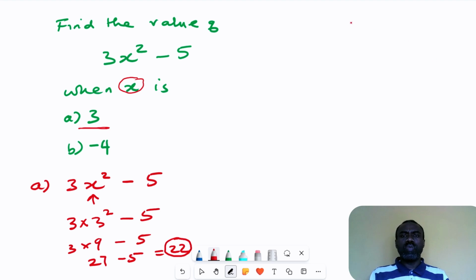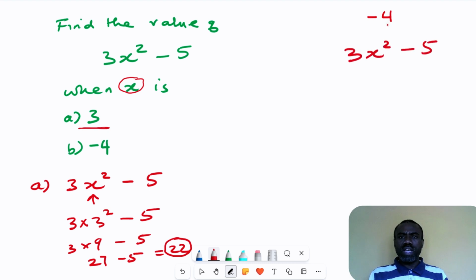How about when s is negative 4? This is where we encourage students to introduce brackets to help sort out the various parts of the expression so that we don't get it mixed up, because working with negative numbers can be confusing. So let's look at a student who decides not to go with brackets and tries his luck to solve it anyhow. We have the expression 3s squared minus 5.